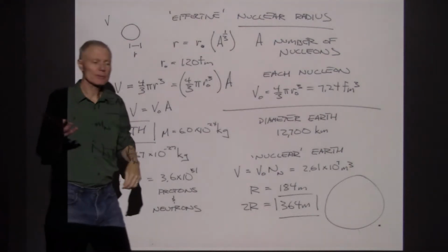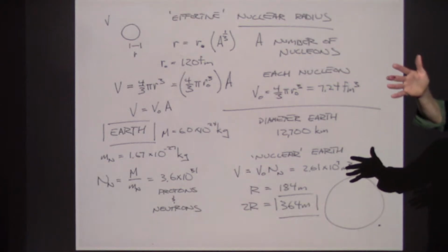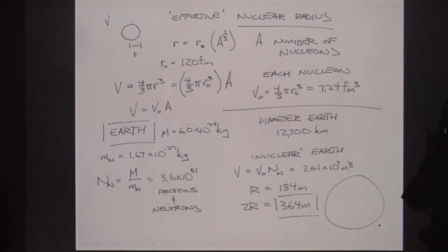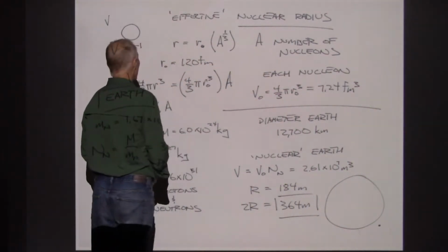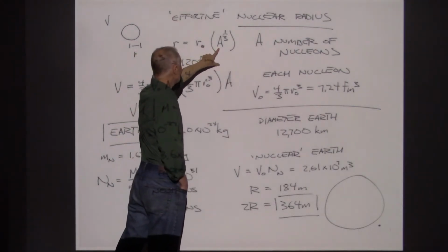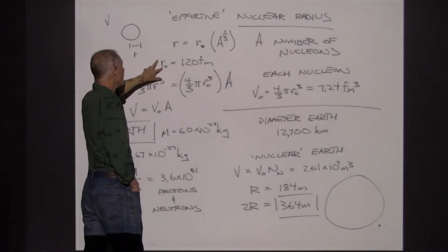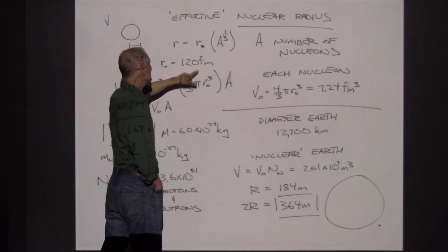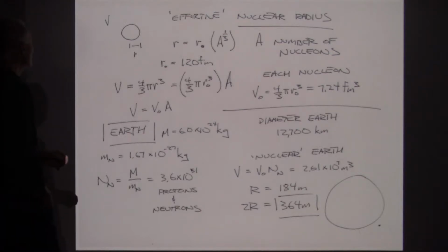If we run experiments, if we take a beam of high energy electrons and run them into the nucleus of some material, we can look at how they scatter off of the nucleus, and that gives us an idea as to how large the nuclei are, how frequently we see one of those scatters. So I'm going to write the formula as R is equal to R naught times the atomic mass number to the 1/3, where R naught is now 1.20 femtometers. So that's a scaling factor for the size of nuclei.